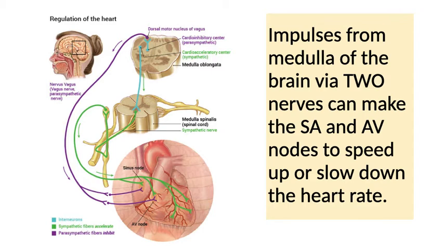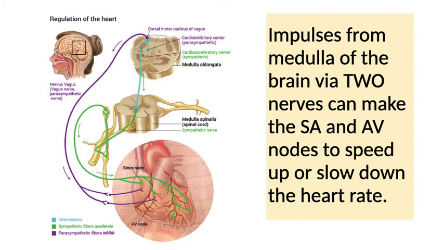This could happen when, for example, you are doing relaxation and you feel so relaxed, or when you are sleeping, so the heart will beat slower. Now, the other one, the green one, will make your heart beat faster.